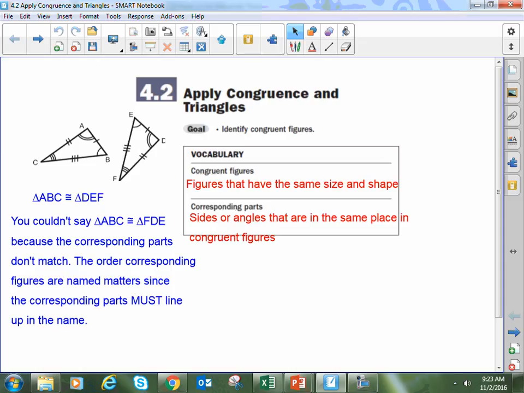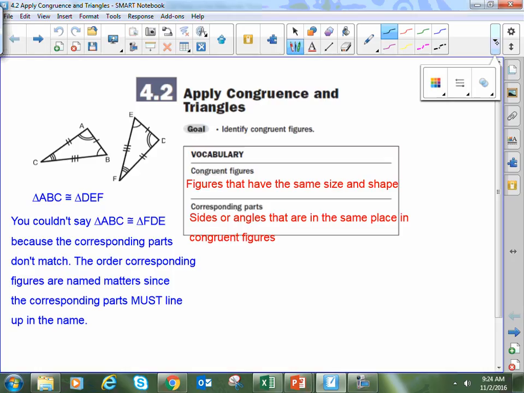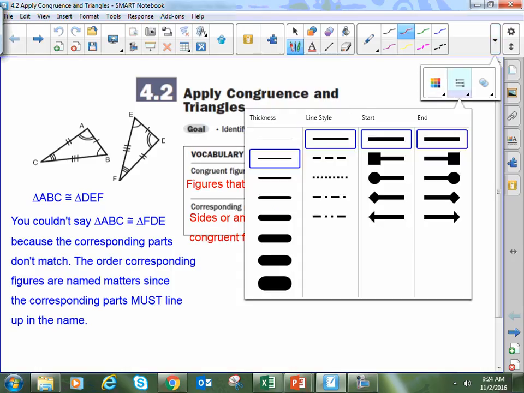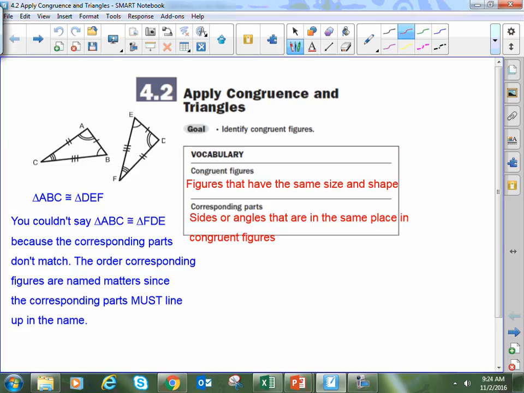The way figures are named in geometry is relatively important when we're comparing them one to another. So looking at the notes that I've added on the left side here, we have two triangles. We have triangle ABC and we have triangle DEF.